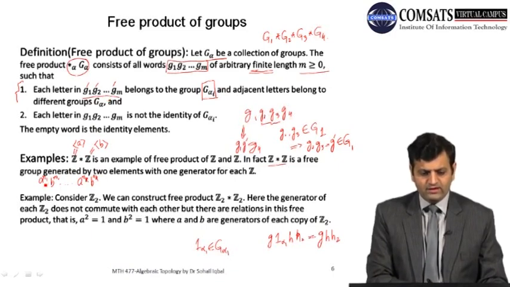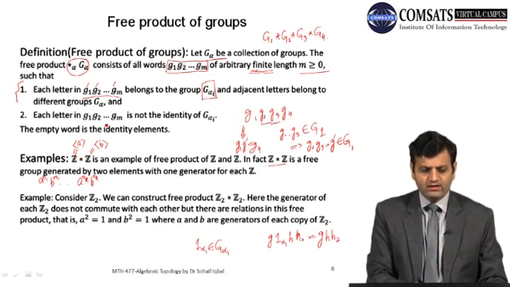If one element is from this Z, then the other element will be from the other Z. So if one is a power of A, then the next one should be a power of B, and the next one should be a power of A. Of course, if there are two consecutive powers of A, then we can add the powers, and it will be another element of this Z, and we replace those consecutive powers of A with their product in this Z.